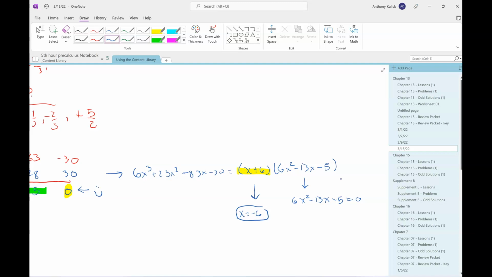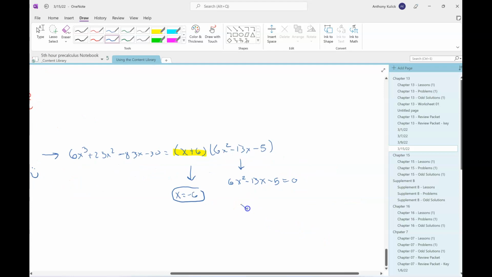The quadratic formula. Yeah, so x equals negative b plus or minus the square root of b squared minus 4ac all over 2 times a.